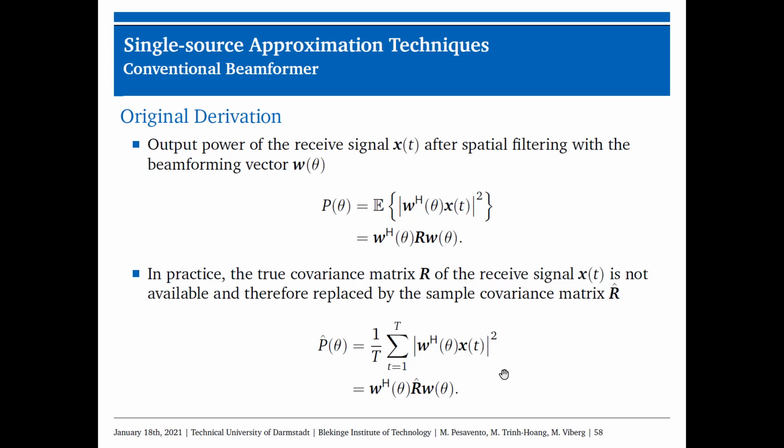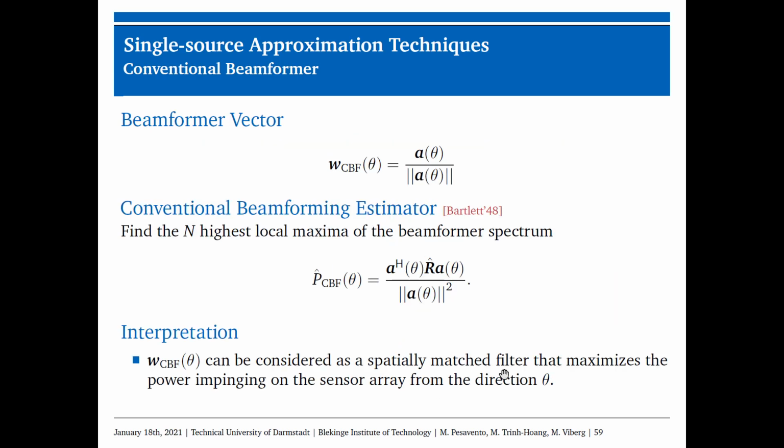The choice of the beamforming vector W generally depends on the application. If our objective is to maximize the power at a given direction a of theta, then we choose the beamforming vector W to be a scaled version of the steering vector as given by this expression.